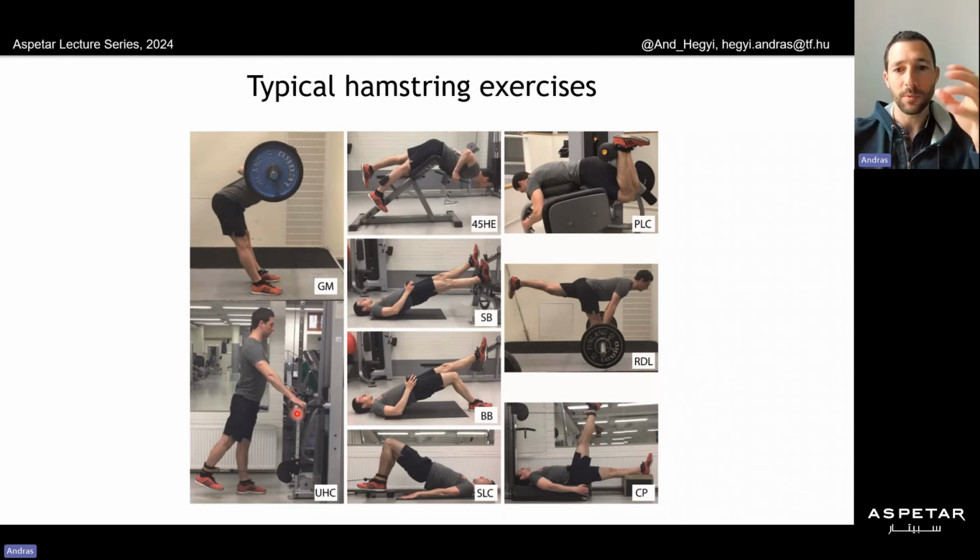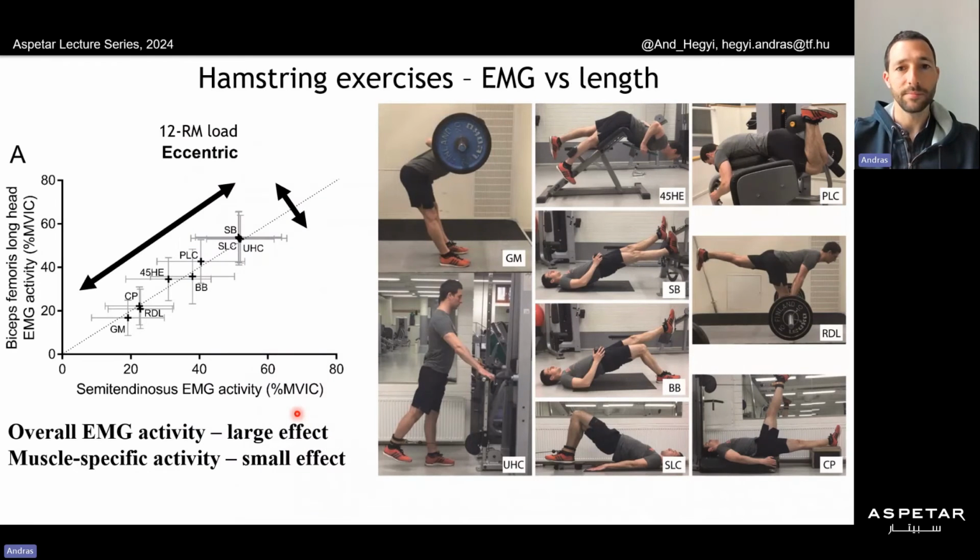So what we wanted to see, with this high density EMG that we started to use, is if we have differences between different exercises in terms of how the hamstring muscles are activated. Basically, of course, with different exercises, the overall activation of the muscle could be changed quite a lot.